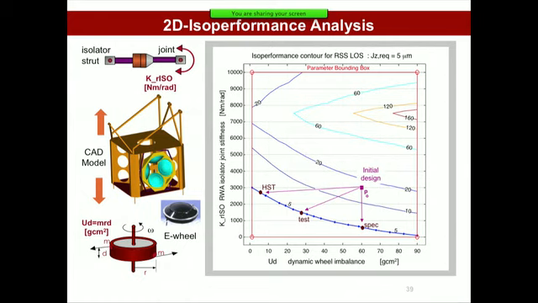So UD is the amount of imbalance that you have in these wheels, right? If you have imbalance, that will cause chatter, it will cause torques, which will cause that jitter. And then KR ISO is the vibration isolation of the reaction wheel assembly. How stiff or soft is the vibration isolation?